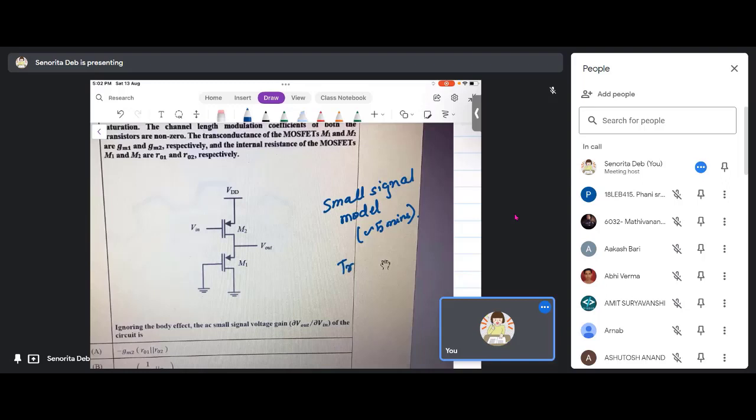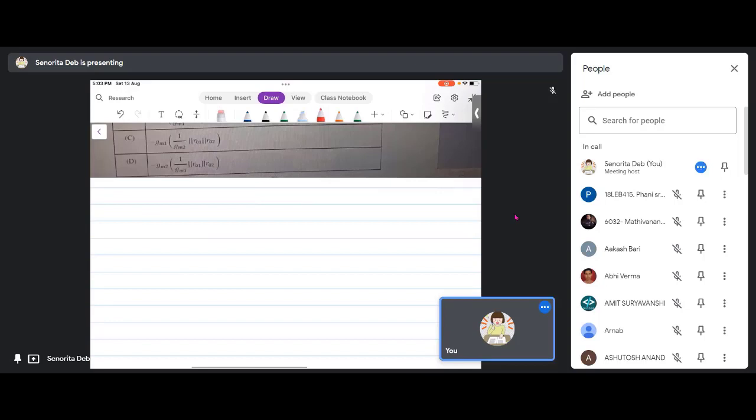What is the trick or tip? I'll tell you that. But first, you should understand that the small signal model is what you should do now. When you are practicing, you should draw the small signal models of the MOSFETs and check. So small signal models are important to analyze, so that in the GATE exam you don't have to sit and analyze.